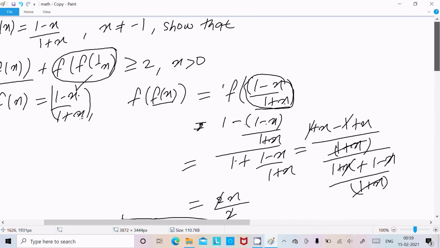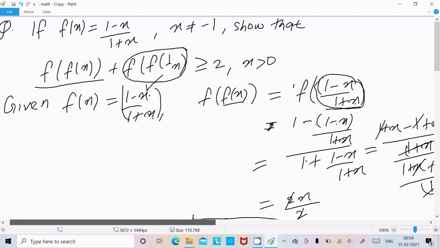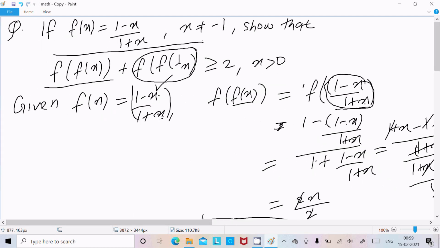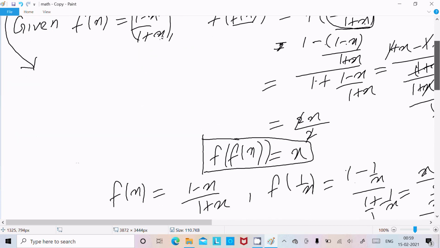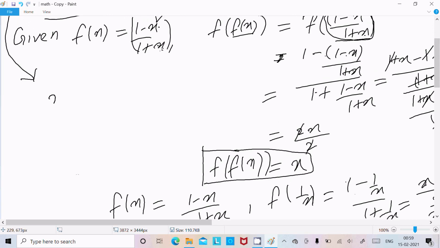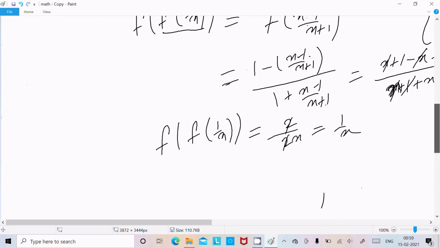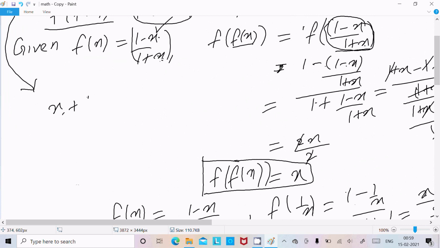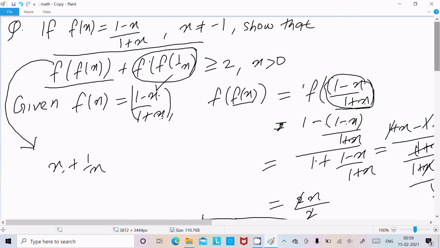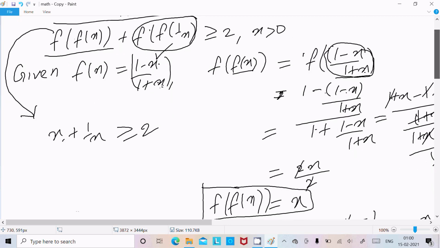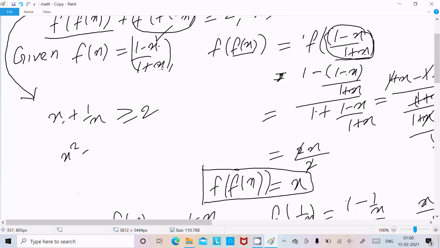So finally we need to do the sum. Here if I calculated f of x, the value comes x. Here you can see x, and this value calculated comes 1 by x, and here greater than or equal to 2. So if I take the LCM, (x square plus 1) by x is greater than or equal to 2.